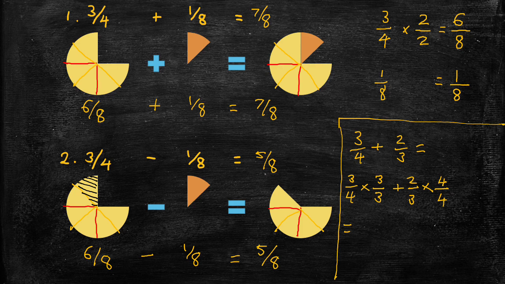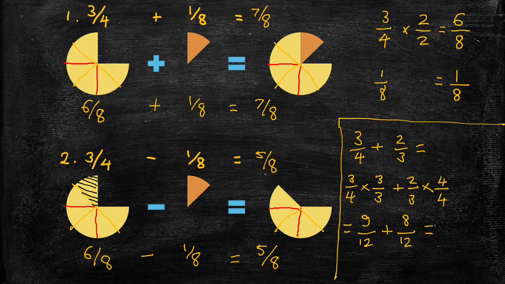So now multiply across the numerators and the denominators. So 3 times 3 comes to 9, 4 times 3 comes to 12. And then for the other fraction, multiply across the numerators, multiply across the denominators. 2 times 4 comes to 8, and 3 times 4 comes to 12.